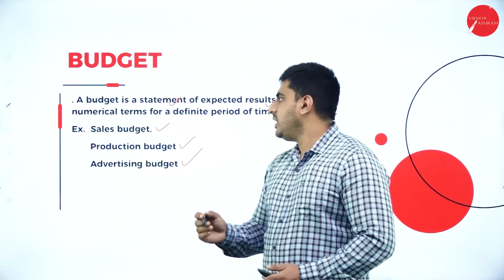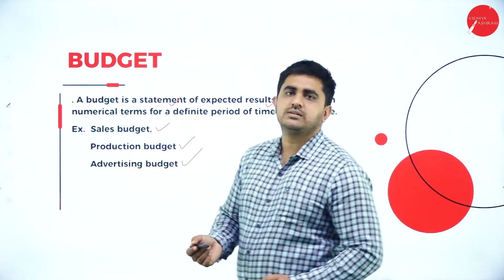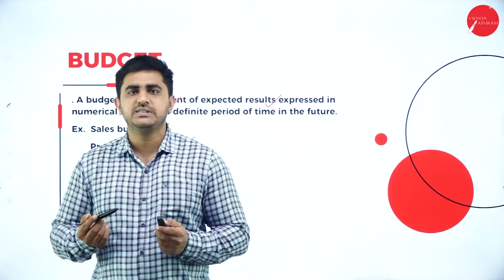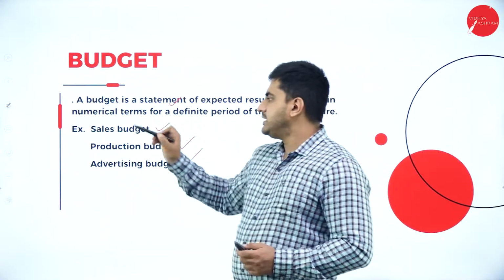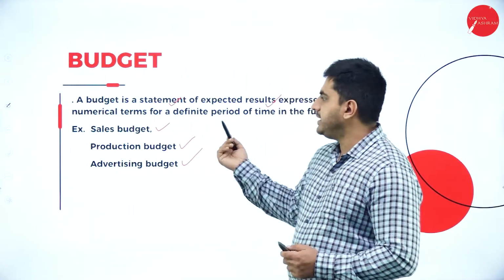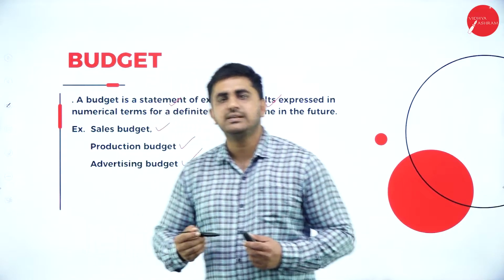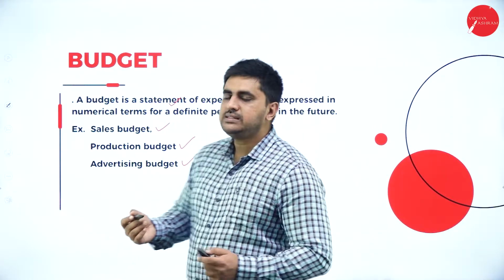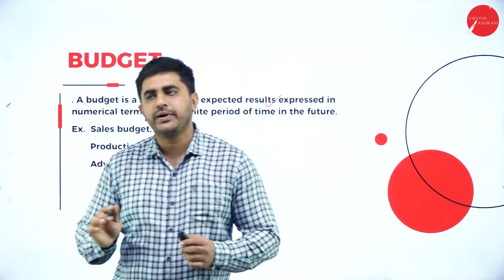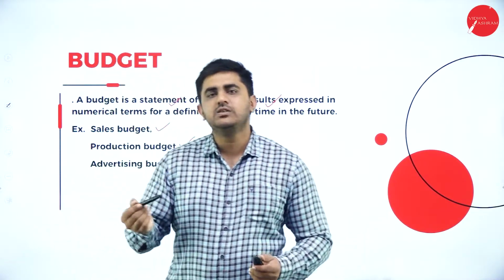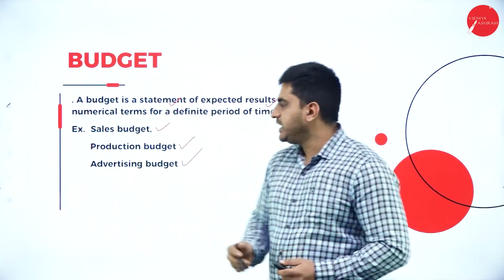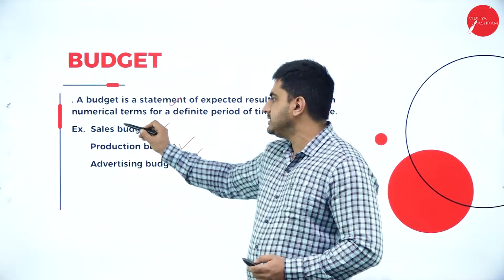Now you want to sell a particular product, so you come out with a sales budget: how much you are investing in sales and how much you might get from sales. For example, you invest rupees 1 crore to produce 1000 products. After selling those 1000 products, how much money you will get will be mentioned in the sales budget.